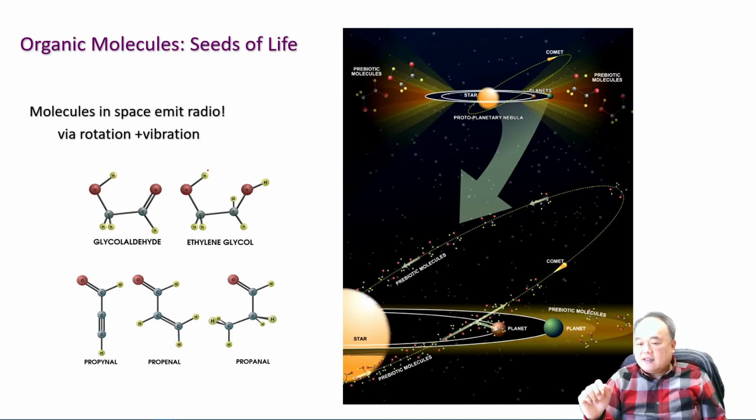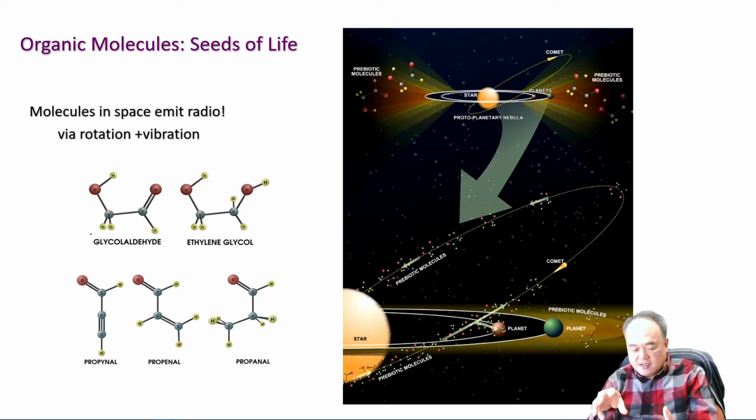Okay, and the molecules have multiple nuclei. Typically these molecules are mainly composed of hydrogen, carbon, nitrogen, and oxygen. So these CHON are the four major building blocks of the molecules in the universe.